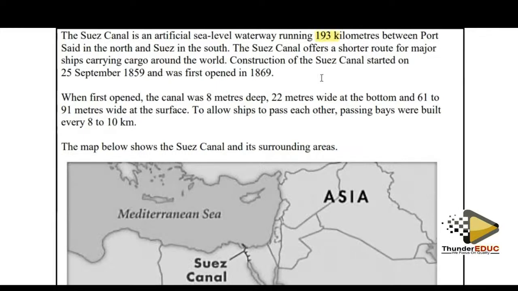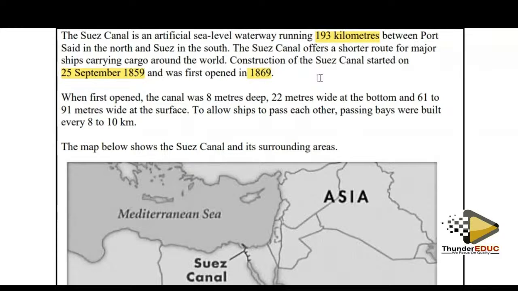You take note of these numbers. Never know, you might need them. It's between Port Said in the north and Suez in the south. Suez Canal offers the shortest route for ships carrying cargo around the world. Construction began in September and it was first opened in 1969.